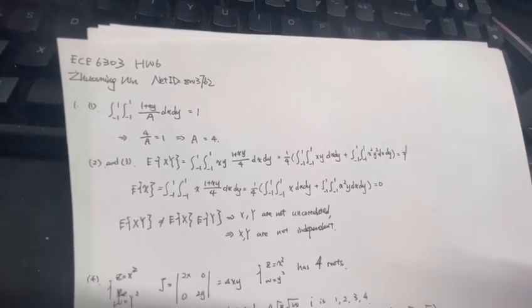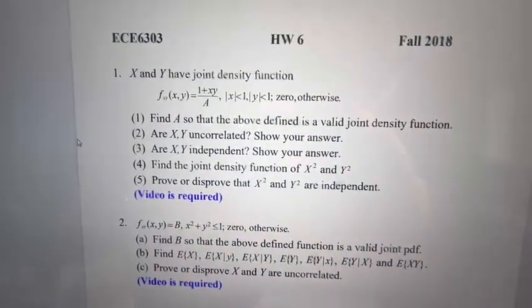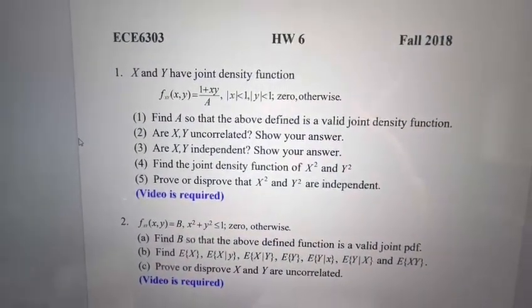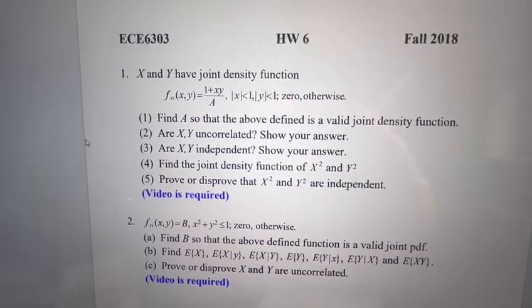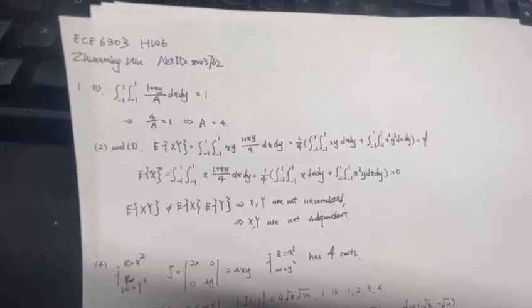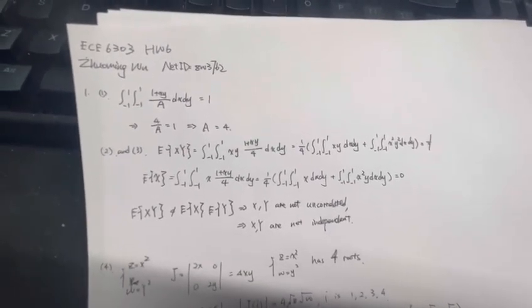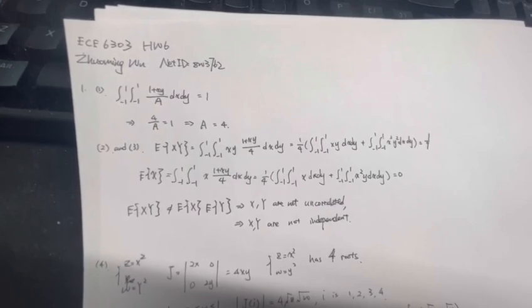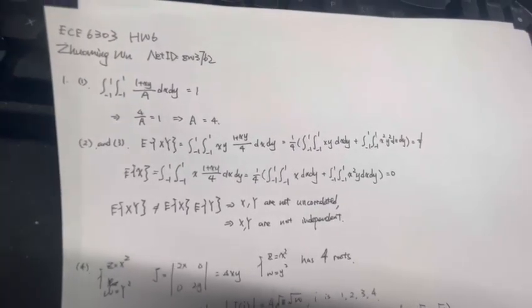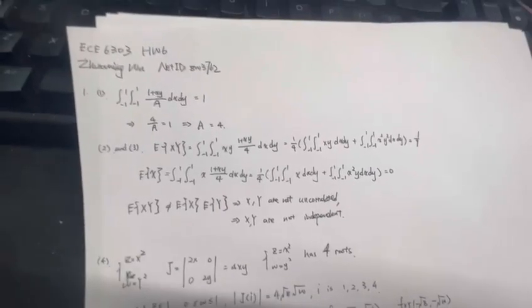For questions number 2 and number 3, it asks us whether X and Y are uncorrelated and whether X and Y are independent. We solve these two questions together. E[XY] is the integral from negative 1 to 1 and the integral from negative 1 to 1 of xy times (1 plus xy) divided by 4 dx dy.